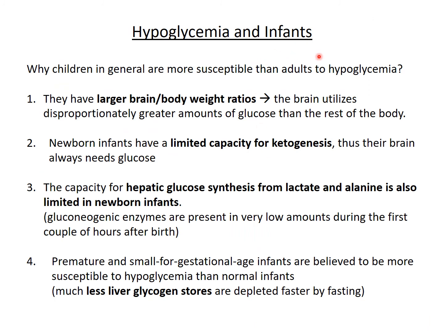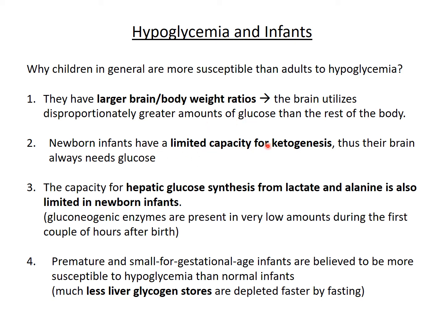Why is it so important for infants to get all this glucose? They have a larger brain to body weight ratio, which means that they will use more glucose. Frequent feeding with glucose-rich material is very important for newborns and infants.